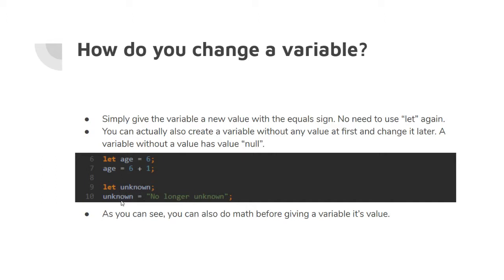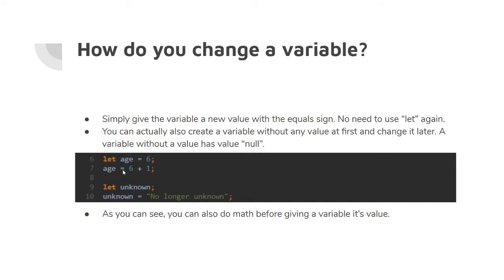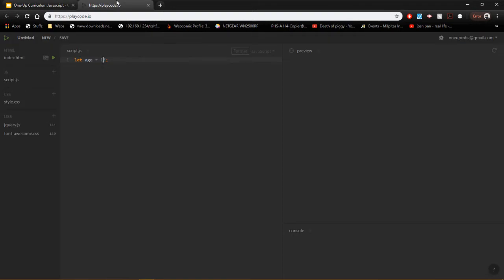Then you can give the variable a value later on once you want to assign it a value. As you can see, you can also do some math before you put the number inside of the variable. Let's try this out. My age is 17. Now I want my age to be 18 a year later.